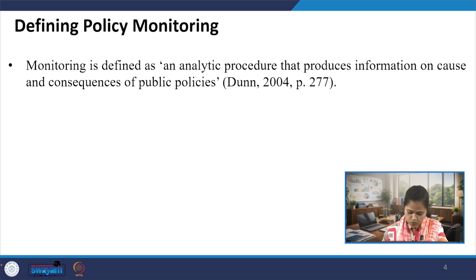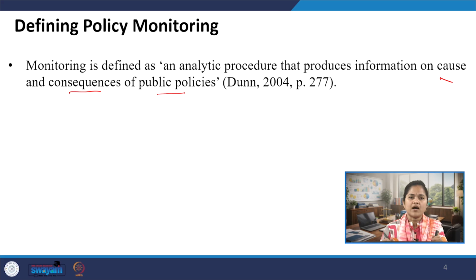I want to quote the definition given by William Dunn. He remarks that policy monitoring can be defined as an analytic procedure that produces information on causes and consequences of public policy. So as I told you earlier, monitoring is a type of analytical procedure.